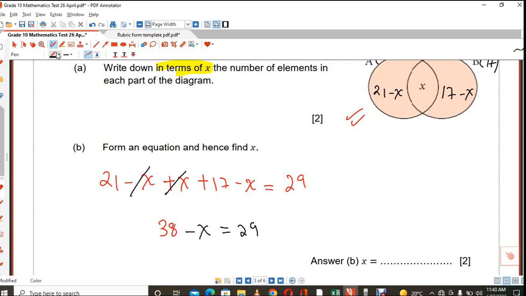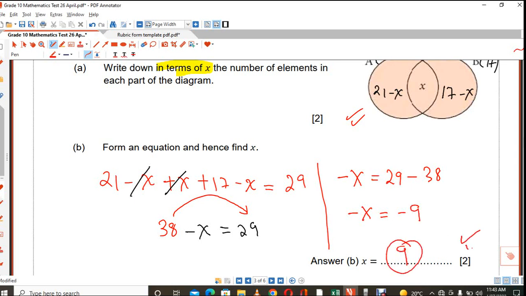So your only job now, and this is where most of you need to take that 38 over. So your answer becomes minus x equals 29, take away 38. Your answer is minus x is equal to minus 9. Negative, negative cancel. Therefore, x equals 9. A lot of you got minus 9.